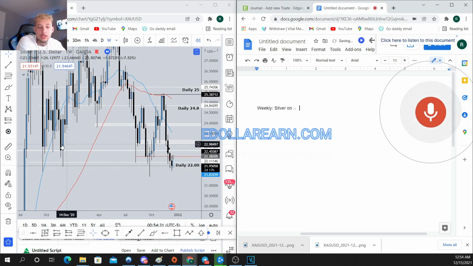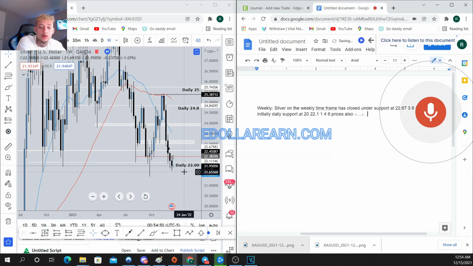Silver on the weekly time frame has closed under support at 22.67385 and rejected initially daily support at 22.1146. Price has also closed under the lowest close of the previous weekly low where I have the red horizontal line.